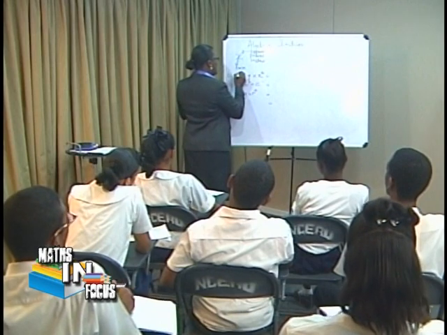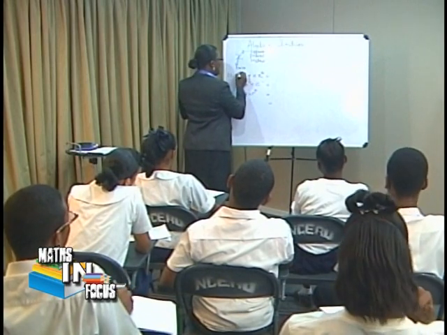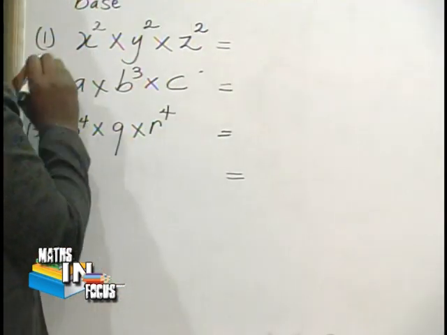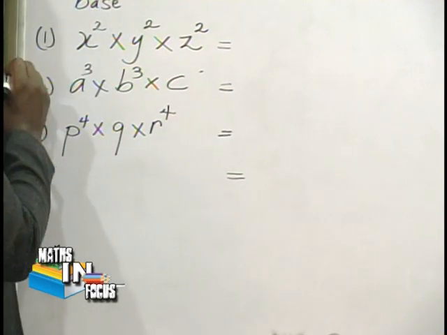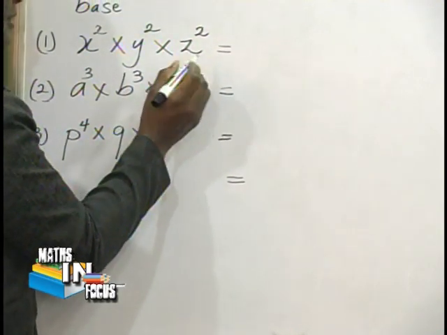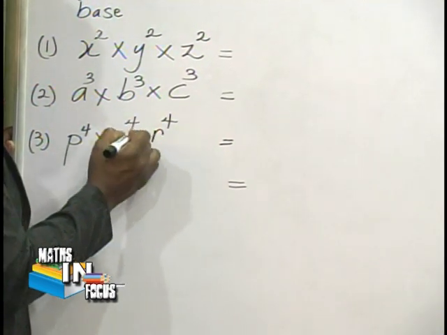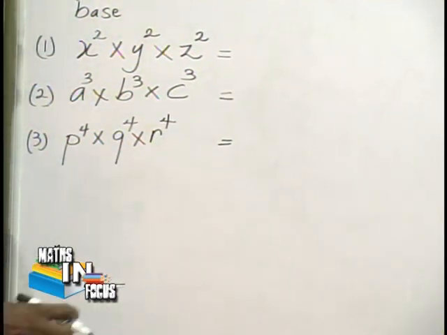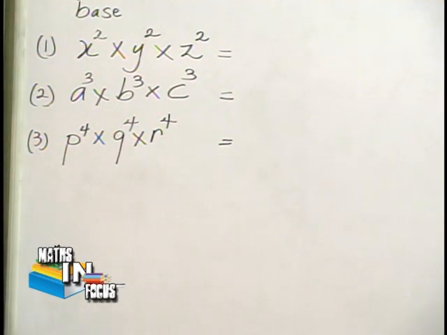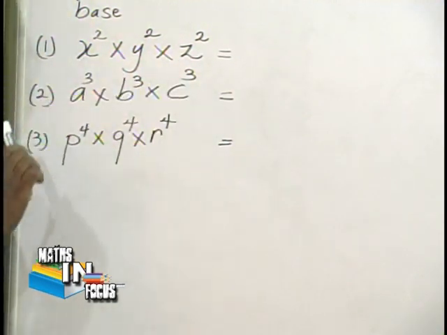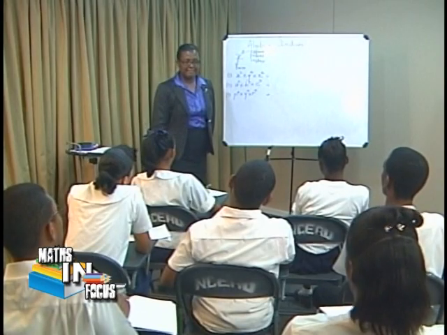Now let us imagine we have x squared multiplied by y squared. Here we have a cubed multiplied by b cubed multiplied by c cubed. And here we have p to the fourth by q to the fourth by r to the fourth. In the first set, what do you observe? That the powers are similar.